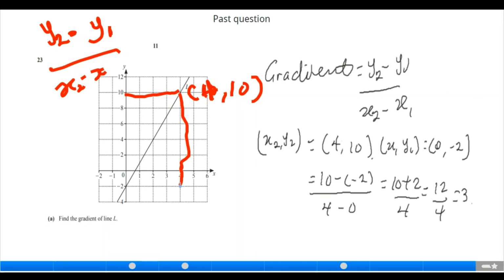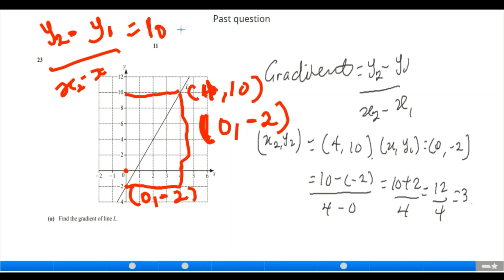Let's see what happens if we draw a tangent to reach this point, so that we can have another value where x is 0 and y is minus 2, so we have 0, minus 2. This is the origin point for the x axis. So we can now put it inside this formula and have 10 minus minus 2, because y1 is minus 2, and 4 minus 0.